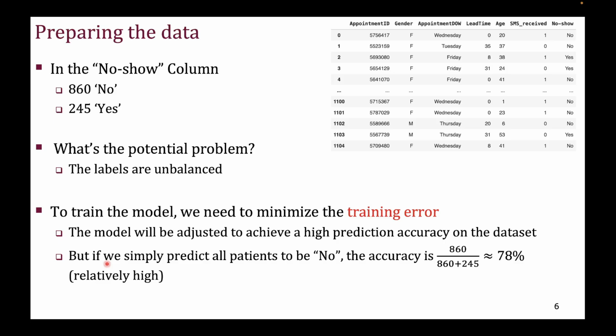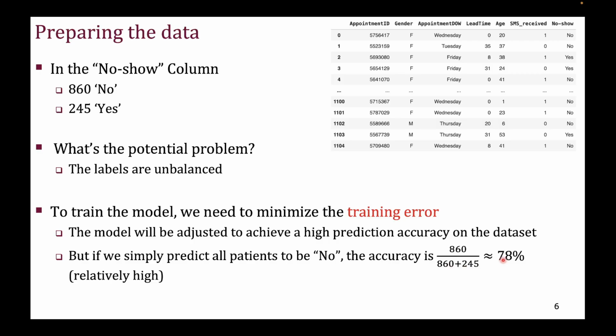In that case, at least for the training data part, it will be correct for 860 records. It will be wrong for 245 records. So what is the accuracy level? Well, it's going to be 860 out of the total number of predictions on the training data, which is 860 plus 245, which is approximately 78%.